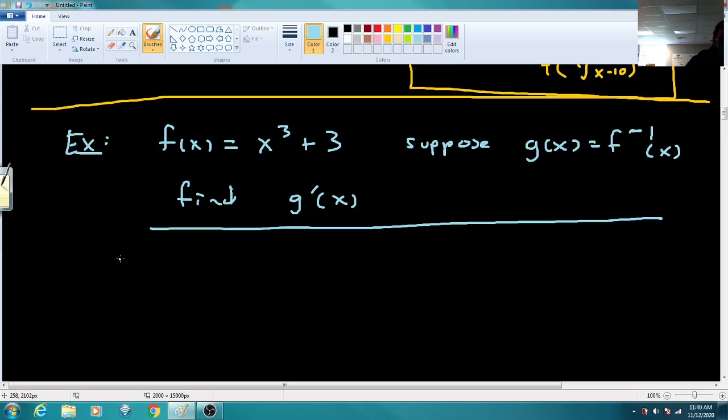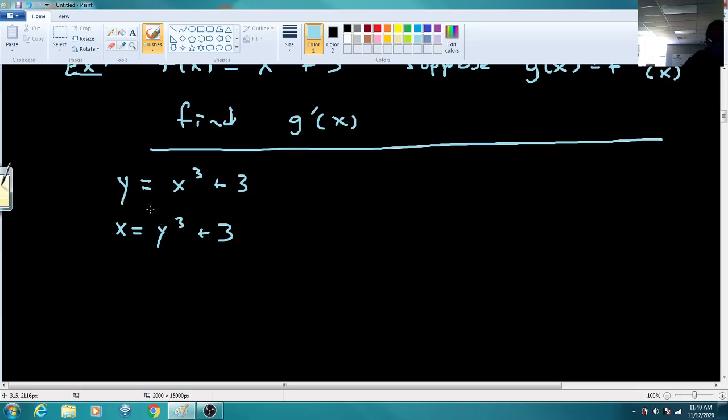So we're going to start with the f of x function, switch f of x with y, switch x and y's places, and solve the result for y. So solving for y, we get x minus 3 equals y cubed. So we get the cube root of x minus 3. That is y, so that is our g of x equation.